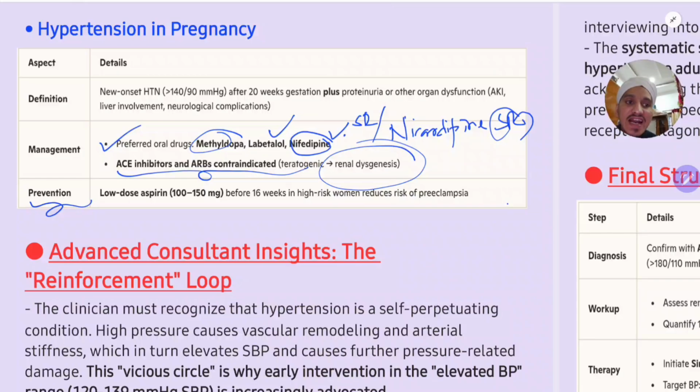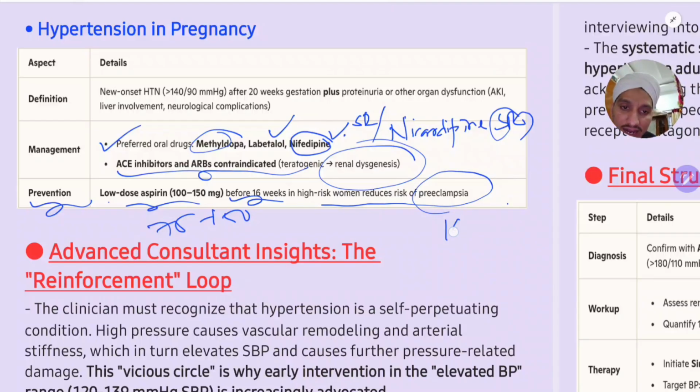How will you prevent it? If the patient had a history of pregnancy induced hypertension in her previous delivery, low dose aspirin of 75 to 150 mg before 16 weeks in high risk women reduces the risk of preeclampsia. So when you diagnose a second pregnancy, and in the first pregnancy the patient had pregnancy induced hypertension or eclampsia, then when her urinary pregnancy test is positive, you start aspirin in the dose of 75 to 150 mg.